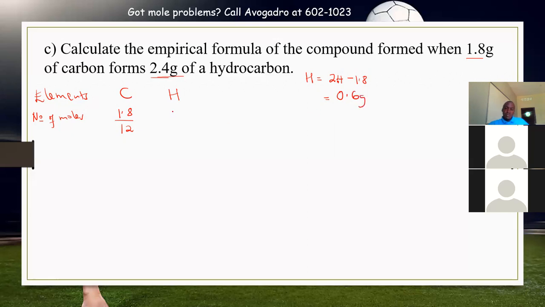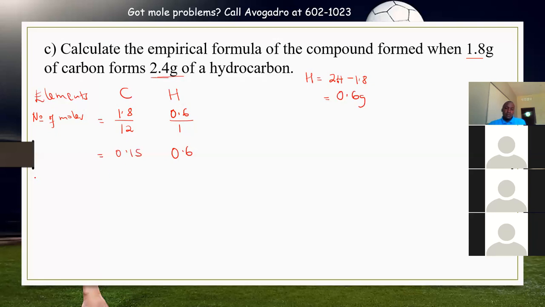So our hydrogen will be 0.6 over relative atomic mass of hydrogen, which is 1. So we shall have 0.6. What do we get for 1.8 divided by 12? We shall get 0.15.